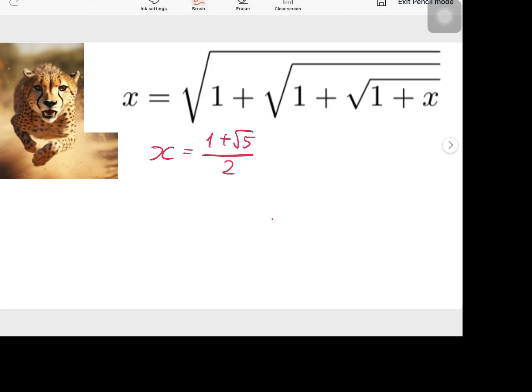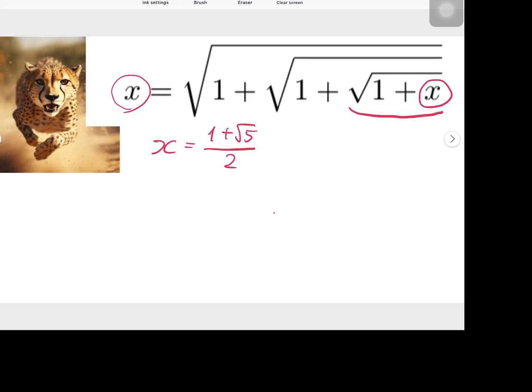But let's substitute and perform some rearrangements and figure out if, when we substitute x, we get the same x in the output. Okay, let's start with the smallest block, square root of 1 plus 1 plus square root of 5 divided by 2.